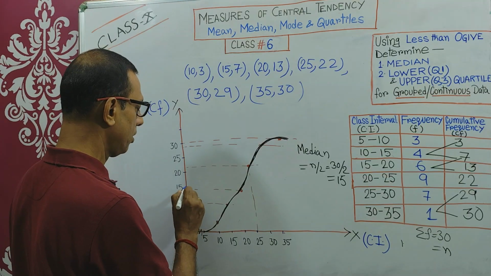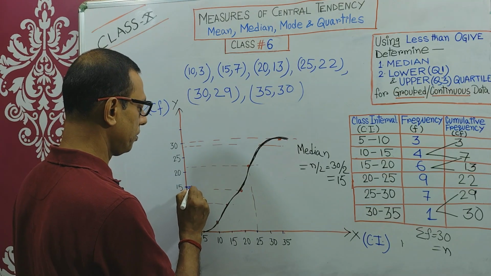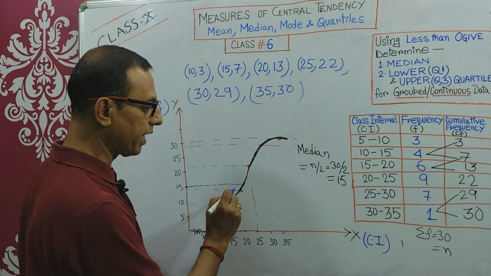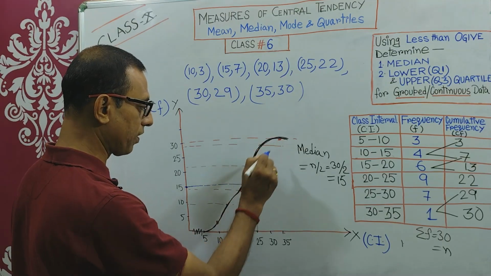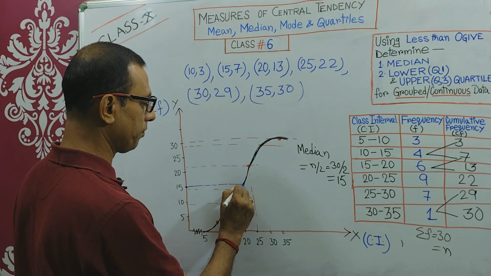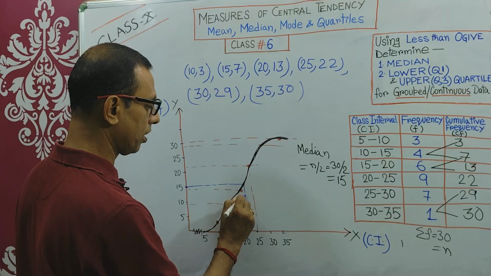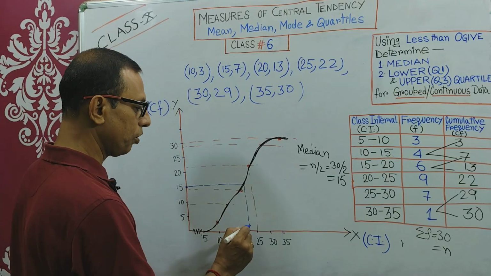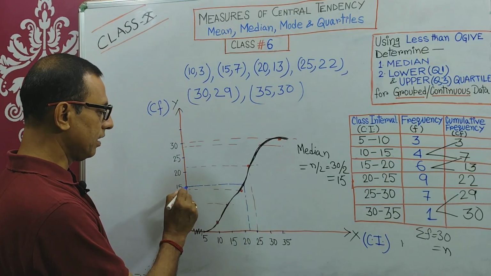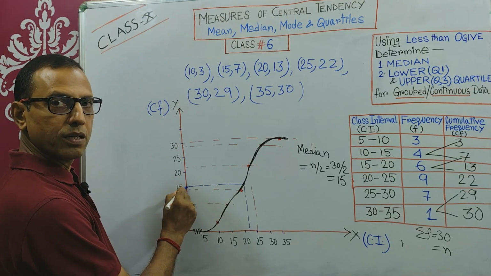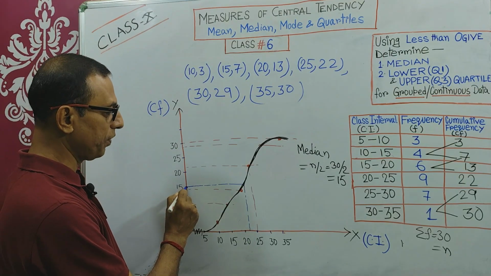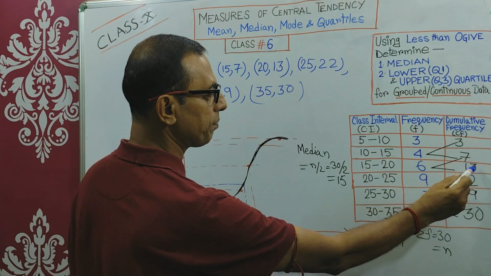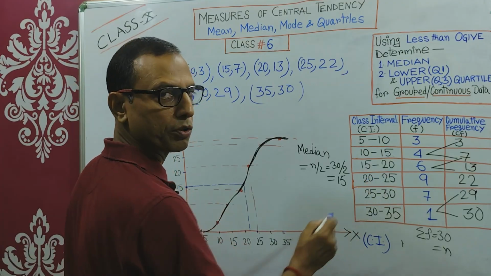You need to take the parallel line of x where it will intersect this curve on the ogive graph. From there you need to draw the perpendicular on the x-axis. So you can see the cumulative frequency 15, the associated value is coming between 20 to 25. Here also you can see the 15 position will come in between 20 to 25.